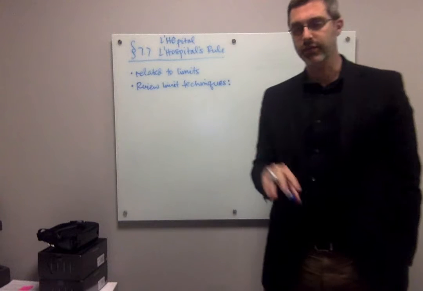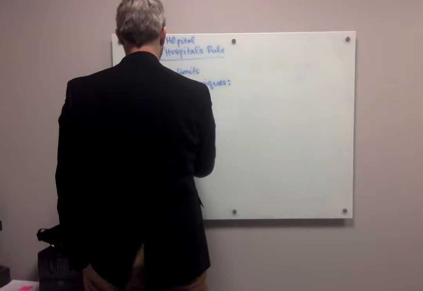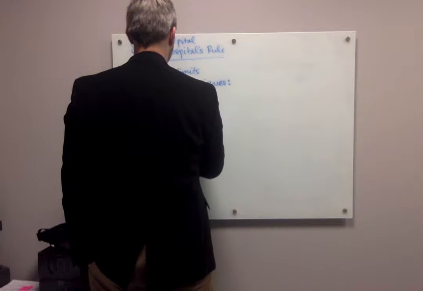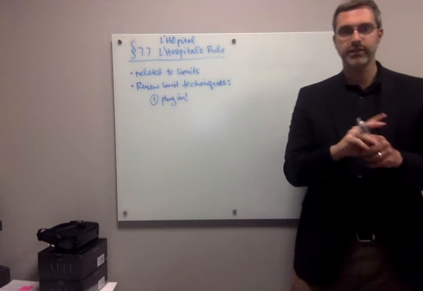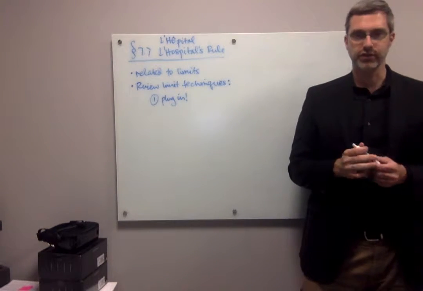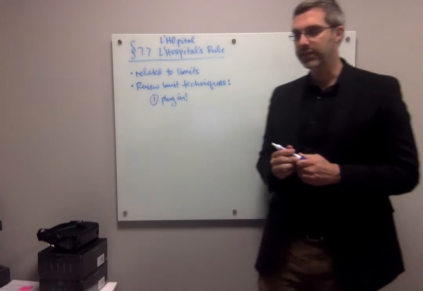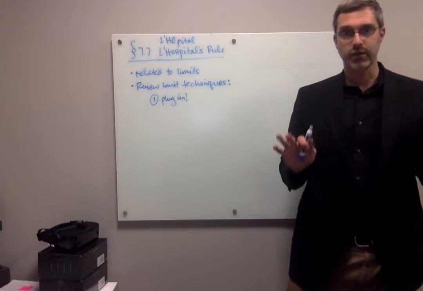So that's what I want to review here. The first thing that we always try was to plug in. Do you remember that? Just try taking the limit. In other words, try letting the limit go to that number and see what happens in the function. So if I have a limit as x goes to 2, just try putting 2 in and see what happens. That doesn't always work.